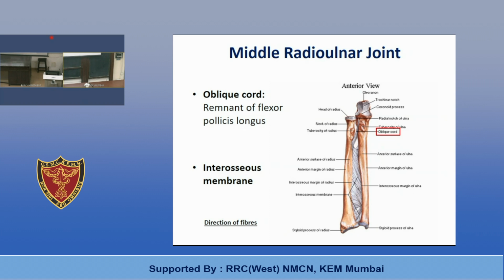It is said to be a remnant of the degenerated part of the flexor pollicis longus muscle. So these two components are there for the middle radioulnar joint. The main one is the interosseous membrane and the second is the oblique cord, which is nothing but the degenerated part of the flexor pollicis longus.